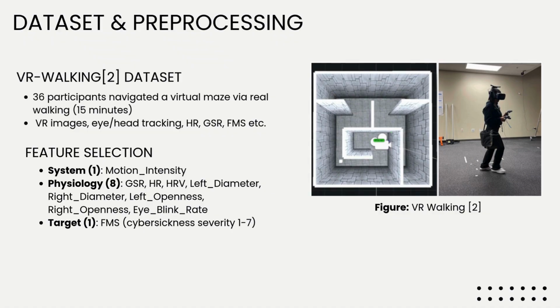So for this project, I selected the 10 most informative features available in the public dataset. One is a system parameter, which I took as motion intensity, and 8 physiological signals like heart rate, HRV, and so on. Importantly, once the full dataset is released, we can simply retrain the model with the complete feature set.